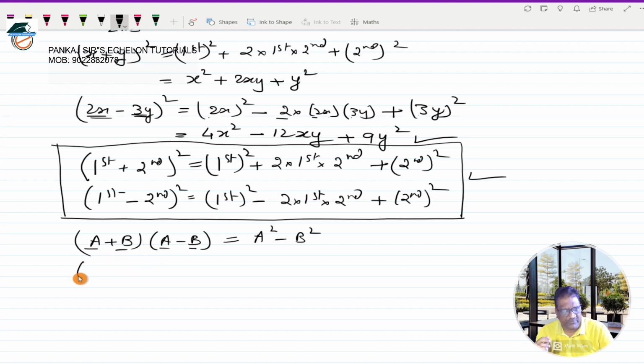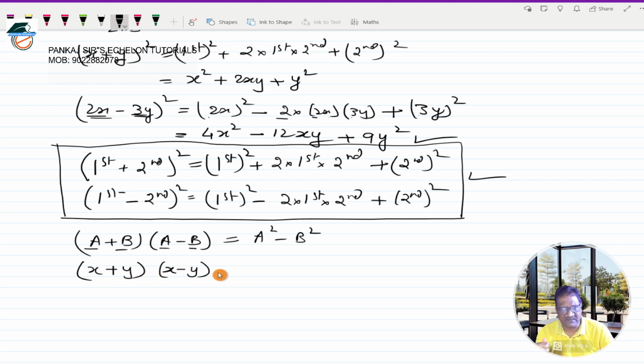If you have two binomials such that the first term and the second term of both binomial expressions are the same, so if the first term of this is x, here also it will be x. Second term is y, here also it should be y. And here there should be a plus, and here there should be a minus, either minus over here and plus over here, or plus over here and minus over here.